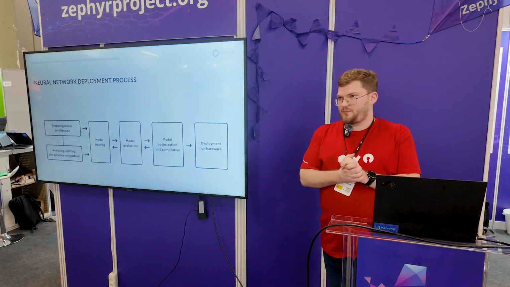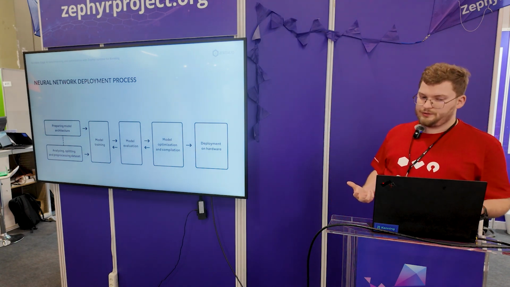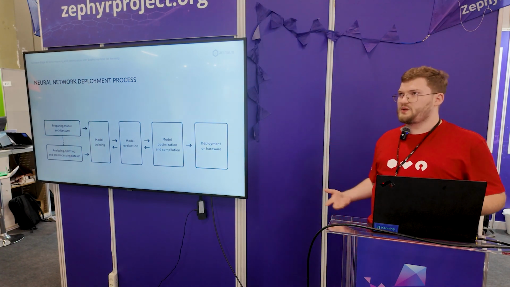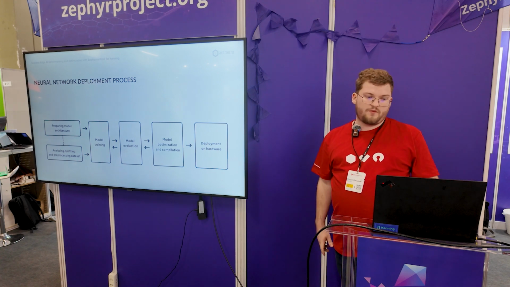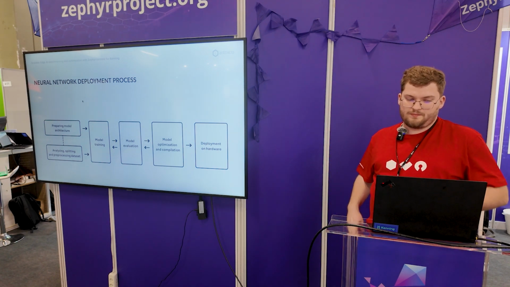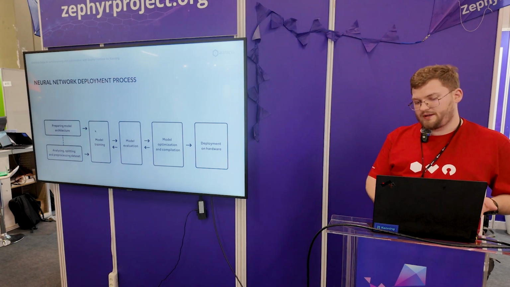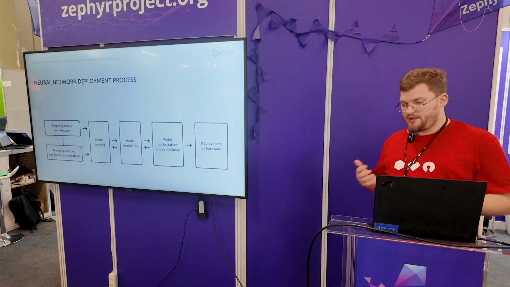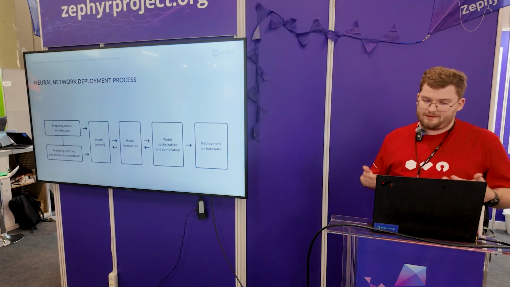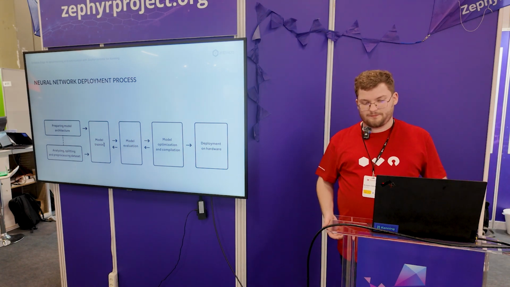So, to sum up, when we take a look at the neural network deployment process for the edge, we obviously, as in regular flows, prepare the model and the dataset, train the model, and evaluate it. And we do model training and evaluation in the loop until we get a well-performing model.